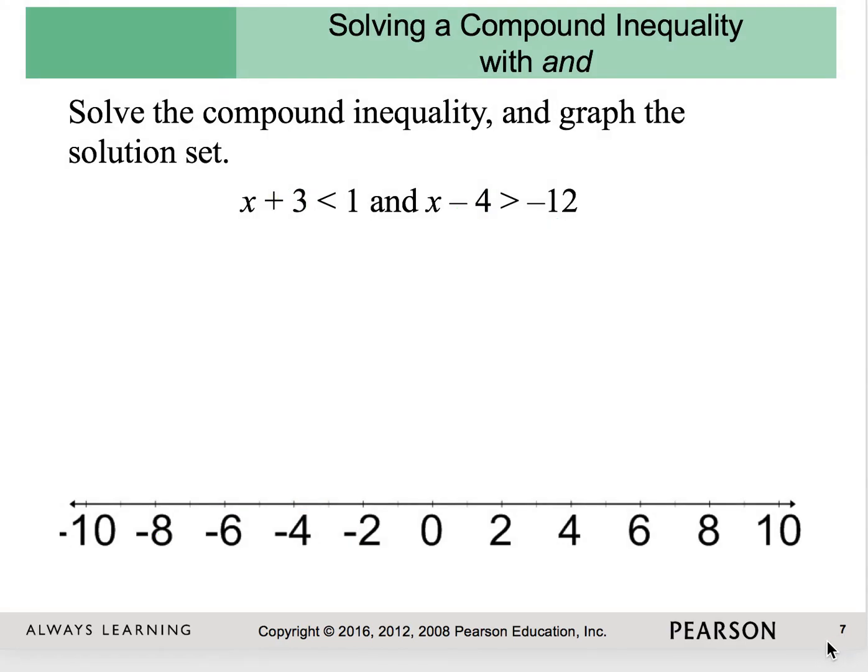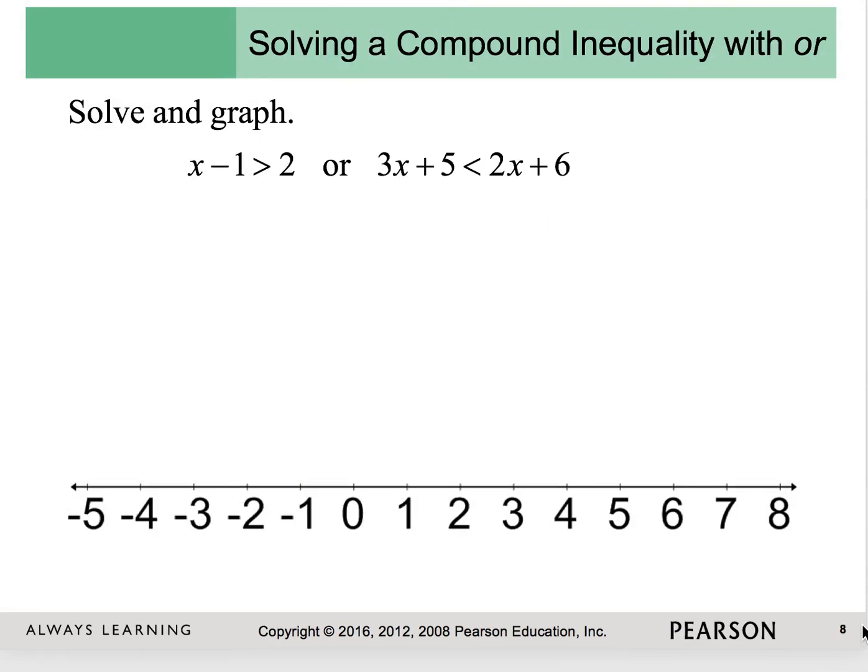Okay. Let's try it again. Okay, I have 2 inequalities, this time joined with an or. Until I'm graphing it and writing my final interval, I don't care if it's an and or an or. I'm just going to solve each one individually.